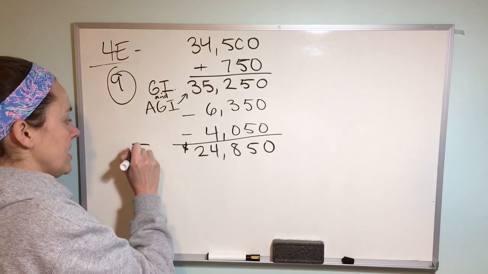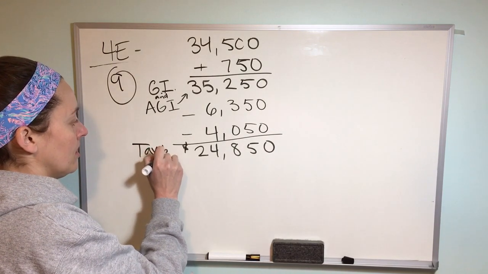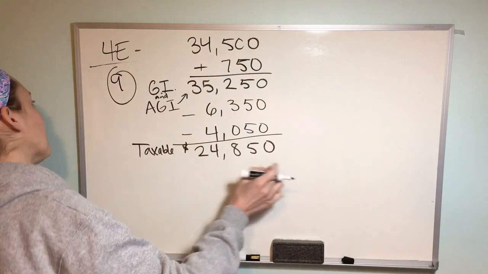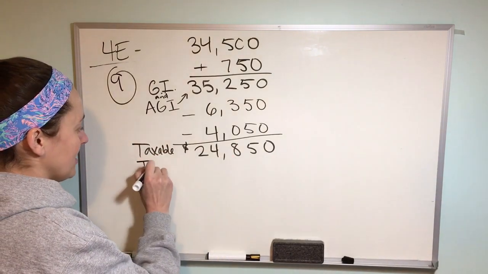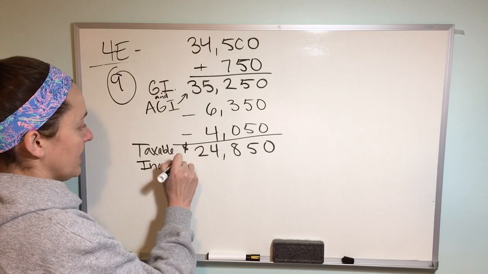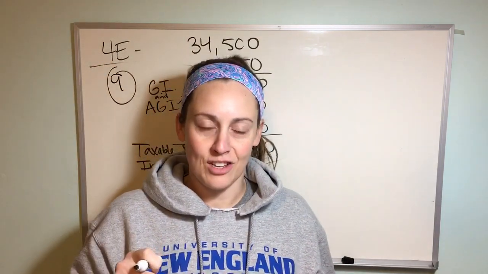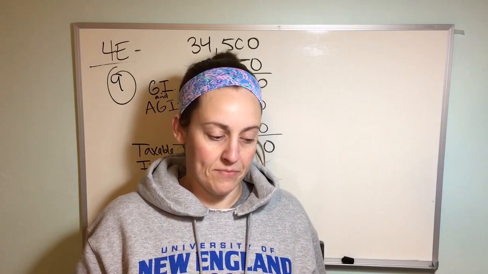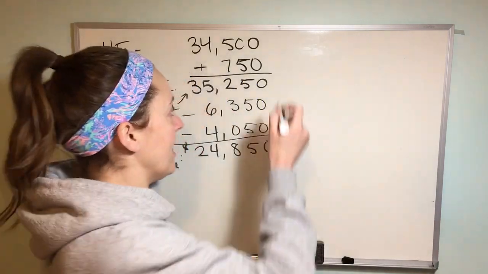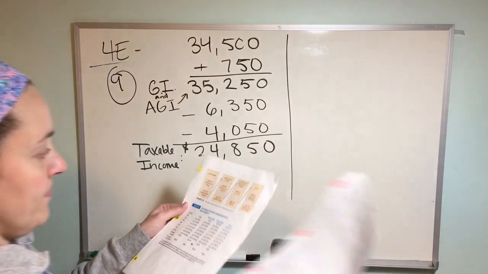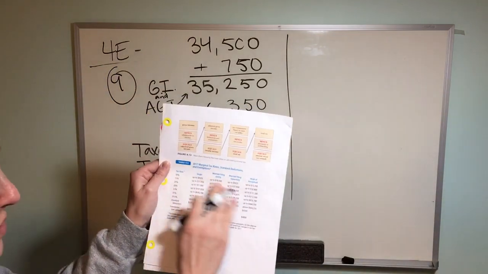This right here is her taxable income. I think I need to secure this whiteboard a little bit better. So this is the amount of money she must pay income taxes on to the U.S. government. So now we have to take that and use it with respect to these tax rates.